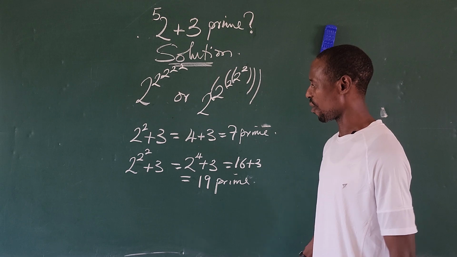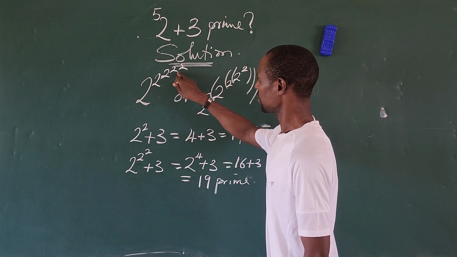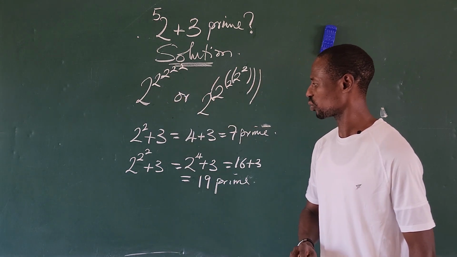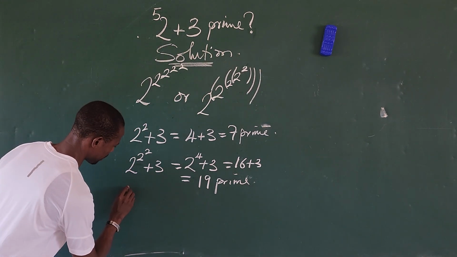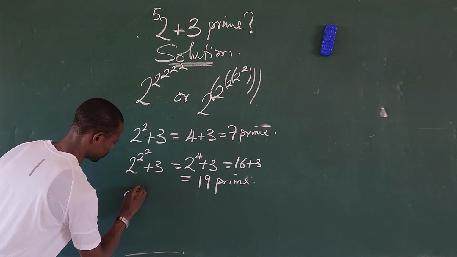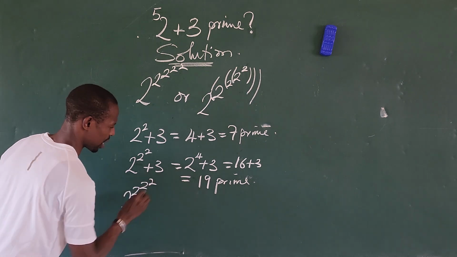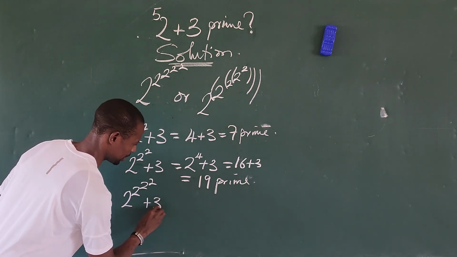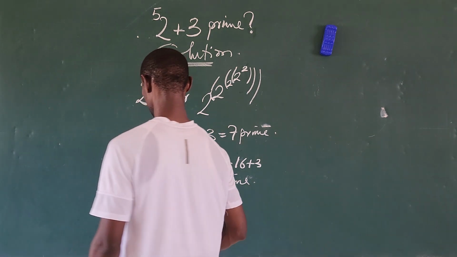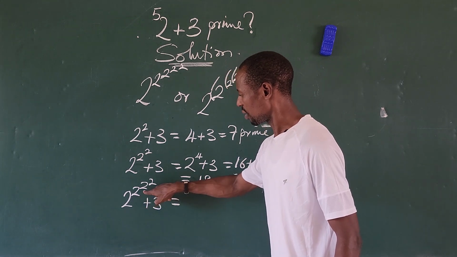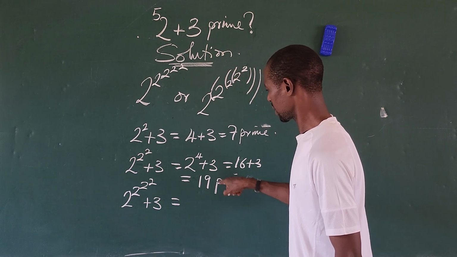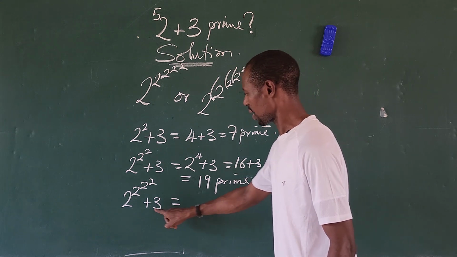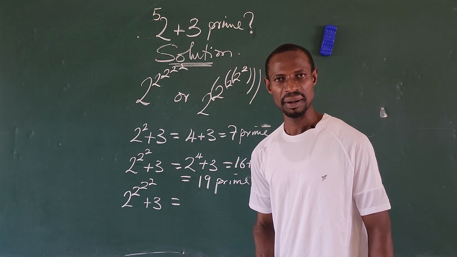Let's go to the third one, which is 1, 2, 3, the fourth one rather. This fourth one here is going to give us 2 to the power of 2 to the power of 2 to the power of 2, plus 3. We'll see that 2 to the power of 2 to the power of 2, which is this expression we have here, is 16. So we're going to have 2 to the power of 16 plus 3.